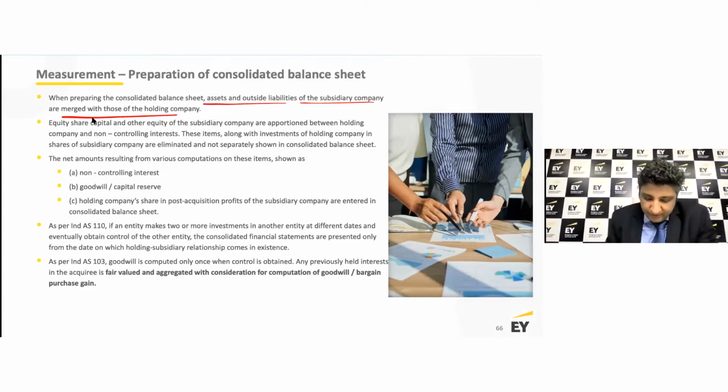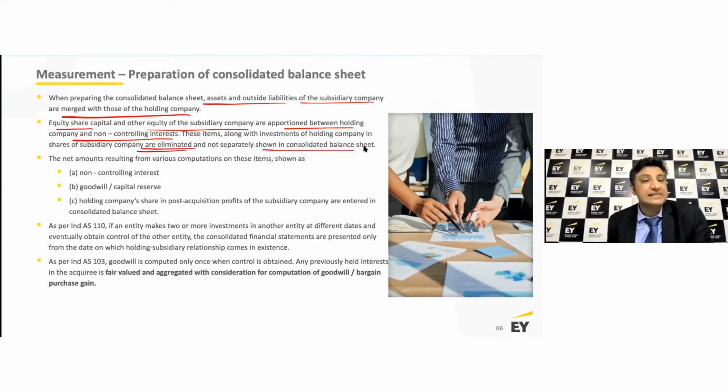Equity of the subsidiary is cancelled out against the investment made by the parent company, so it is eliminated and not shown separately. As far as the new line items are concerned, you would have goodwill or a capital reserve, and very likely a non-controlling interest for any shareholding of less than a 100% stake in the other company.